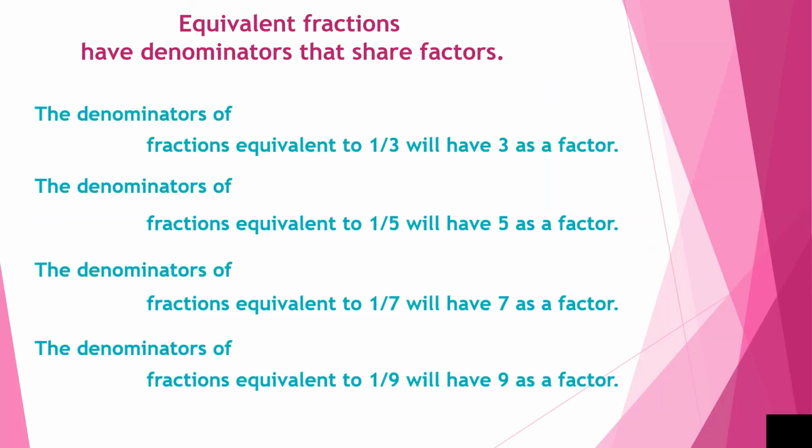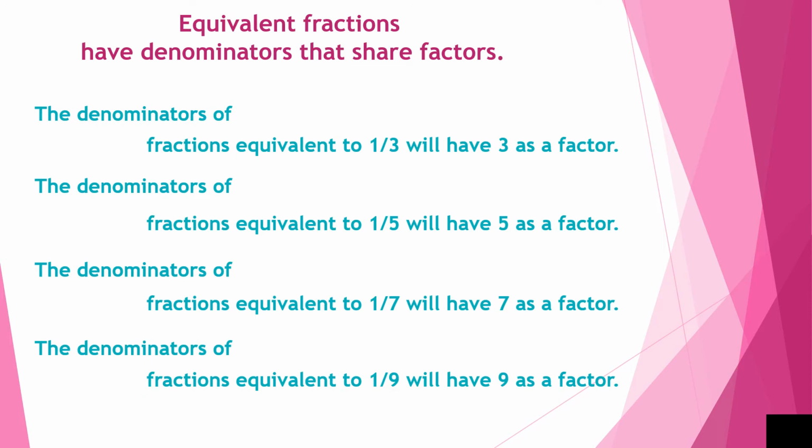One thing you should have noticed when we were looking at the number line is that equivalent fractions have denominators that share factors. For example, the denominators of fractions equivalent to 1/3 will always have 3 as a factor. The denominators of fractions equivalent to 1/5 will always have 5 as a factor.